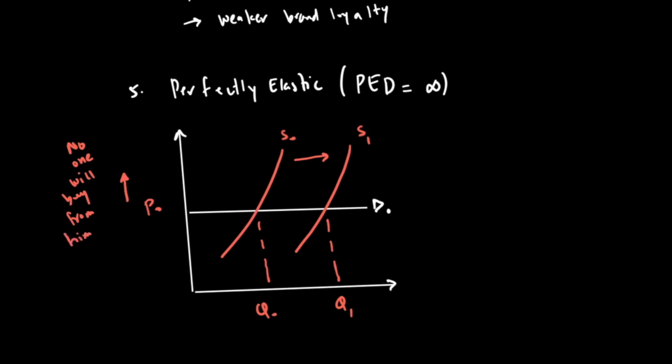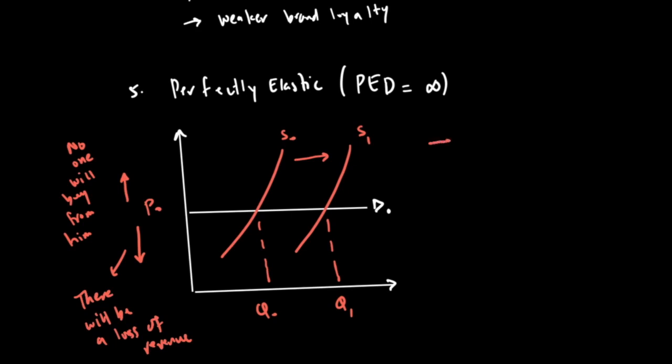But if the producer decides to reduce price below P0, then there will be a loss of revenue.